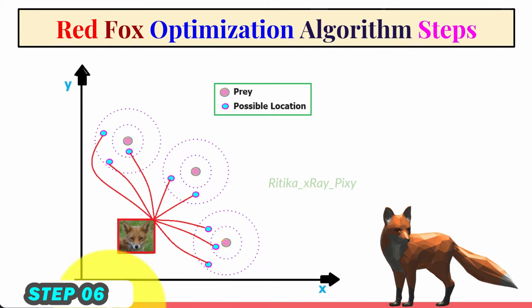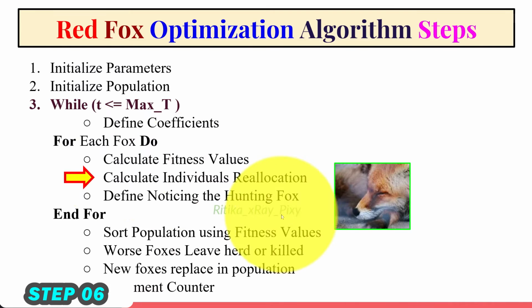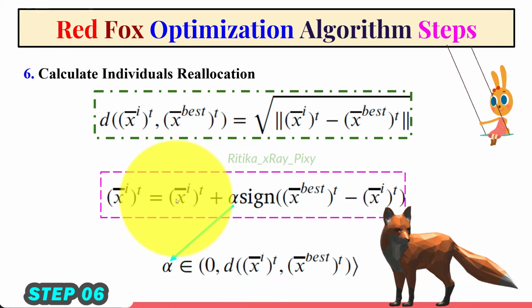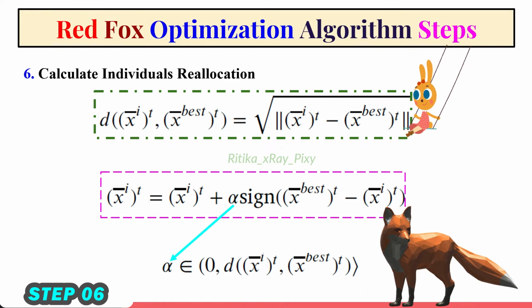Now you can see this is the red fox, and here you can see the prey location, and around this target you can see we have different possible locations where the red fox can move. So here we will calculate the individual relocation, using different mathematical models to simulate this behavior.